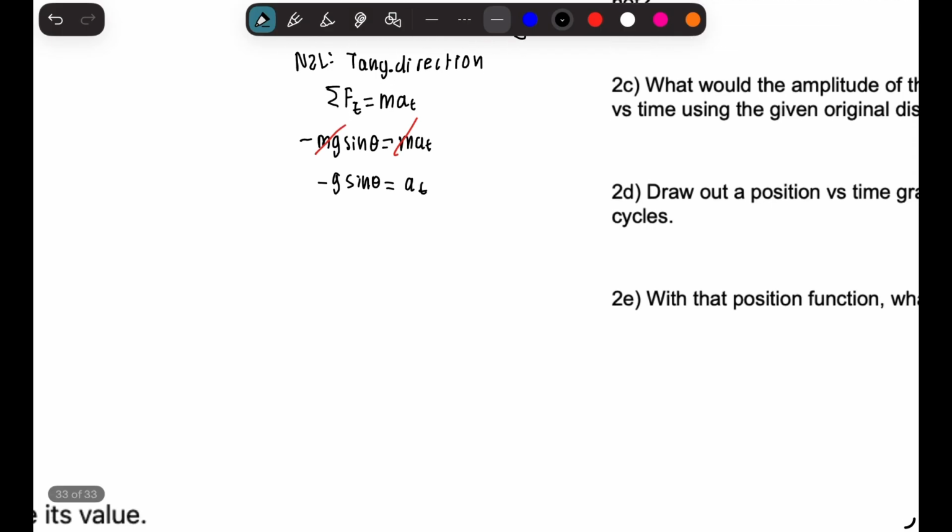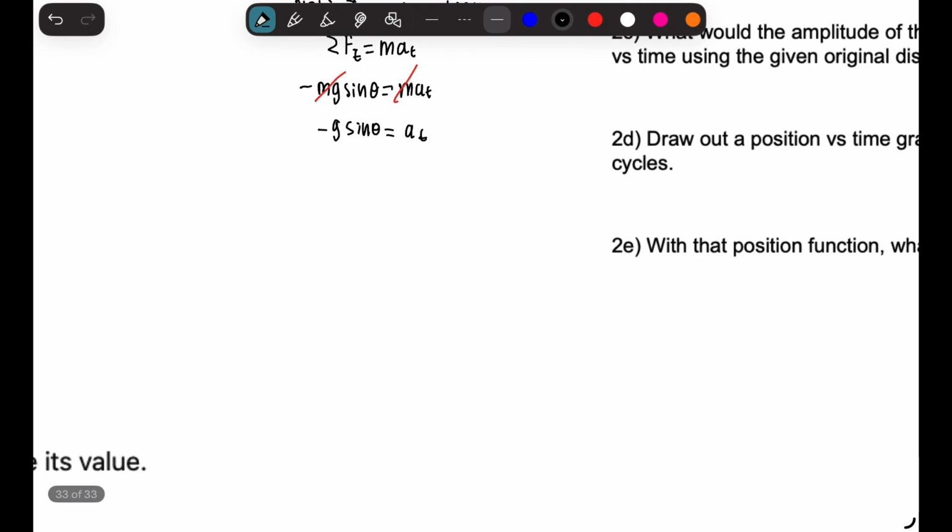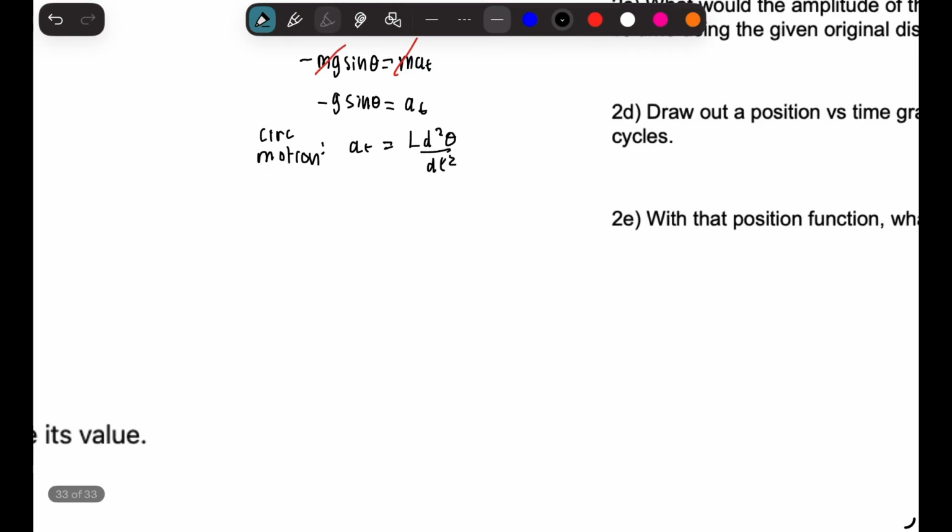Now we can express our tangential acceleration. We have circular motion. So A of t is L squared. And this we can sub back in.